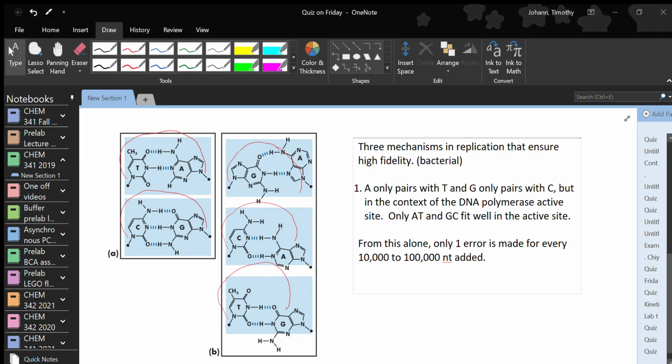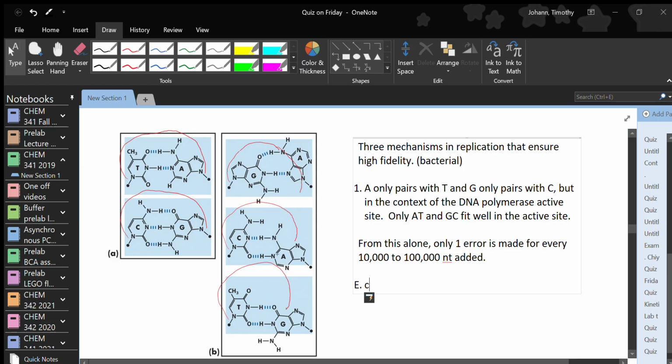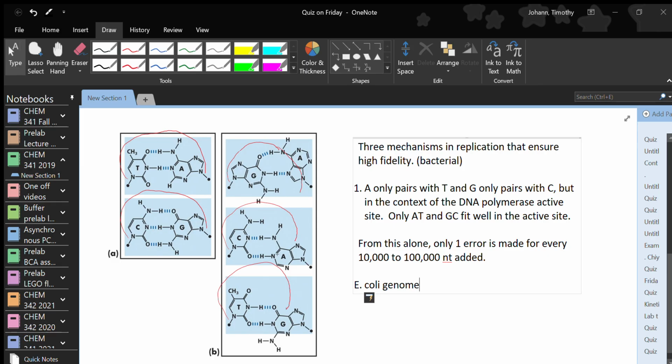Okay? Now, this is bacterial, so let's just think about E. coli. The E. coli genome, anybody know how long it is?